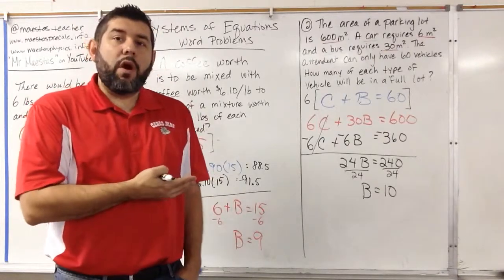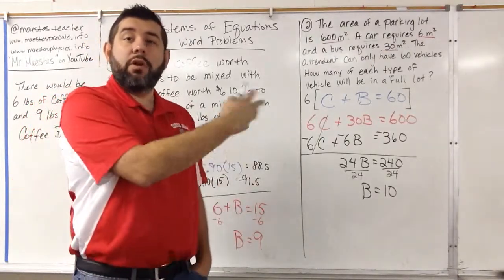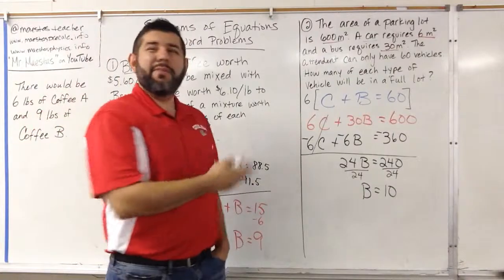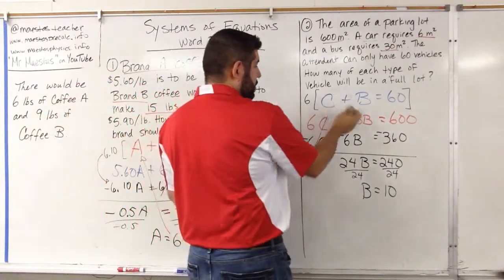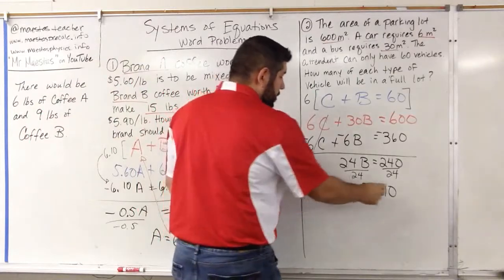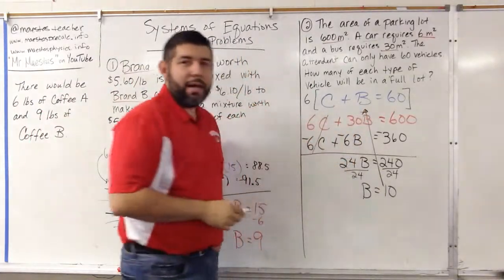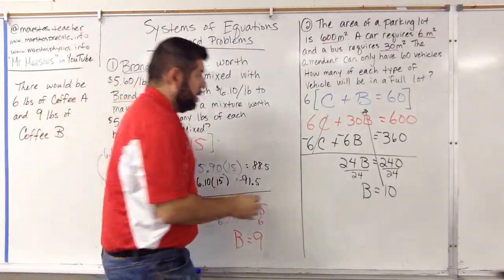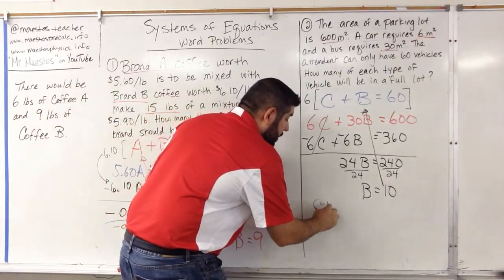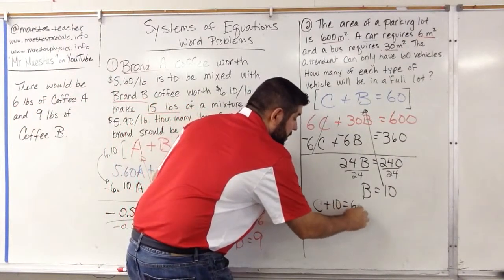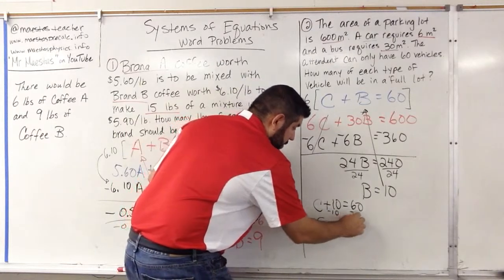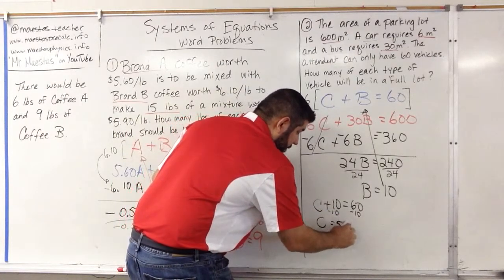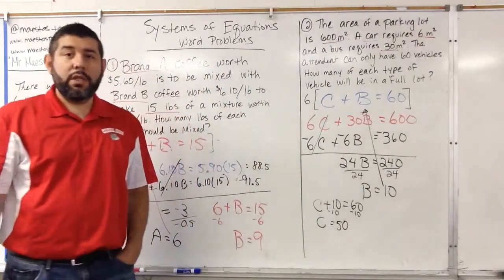In order to find the number of cars, we're going to plug 10 back into one of our two original equations. I like the first one because it's easier. It has C and B by itself here. Just C and B. It doesn't have any coefficients. So I'm going to plug 10 right back there. And I'm going to have C plus 10 is equal to 60. Subtract 10 from both sides. And I'm going to have C is 50.